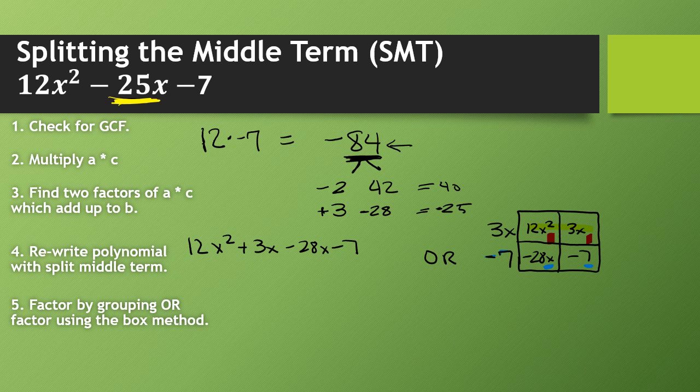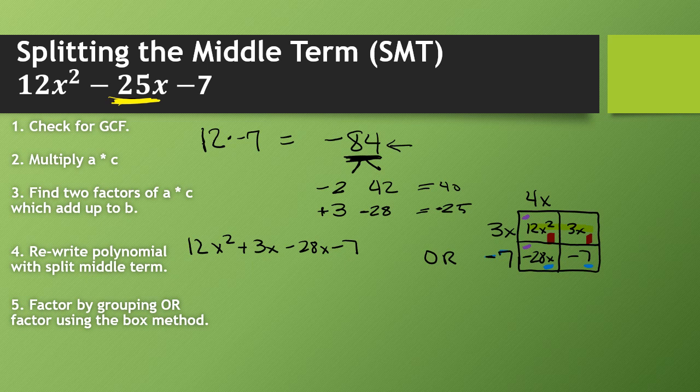Now I'm going to look at my vertical columns. So now I'm going to look at this box and this box. So I'm looking at 12x squared and 28x. So I'm asking myself, what's the greatest common factor between 12 and 28? So 12 and 28 both have a 4 in common. When I look at x squared and x, they both have an x in common.